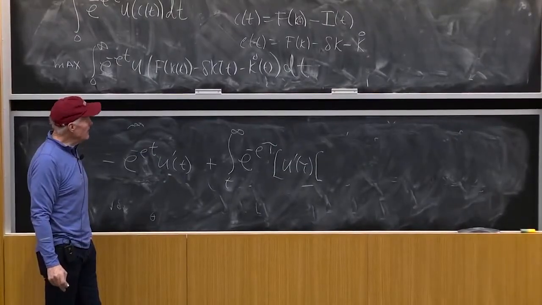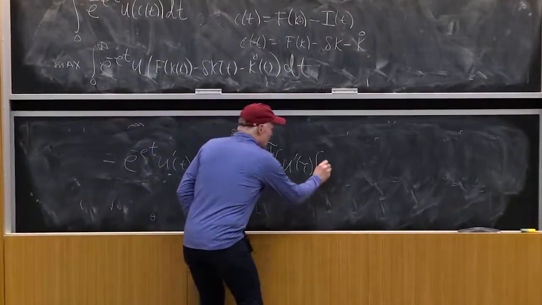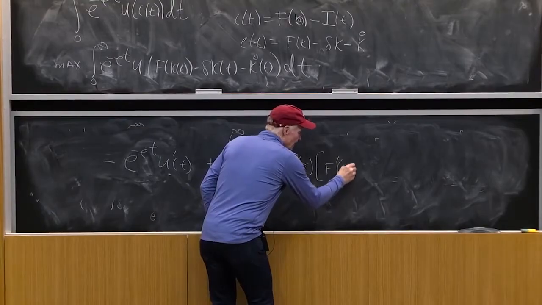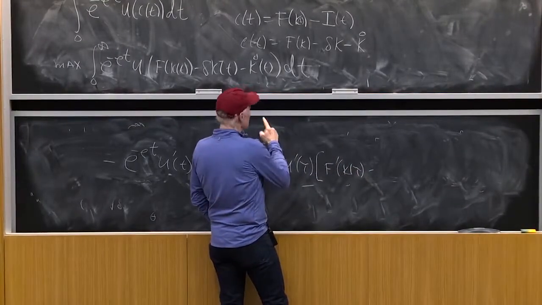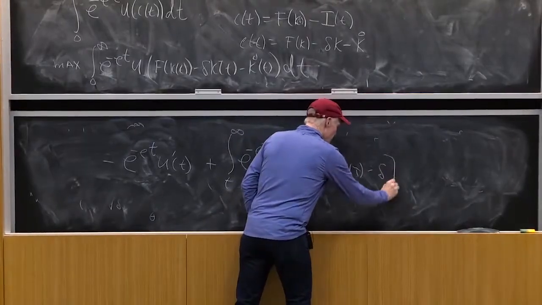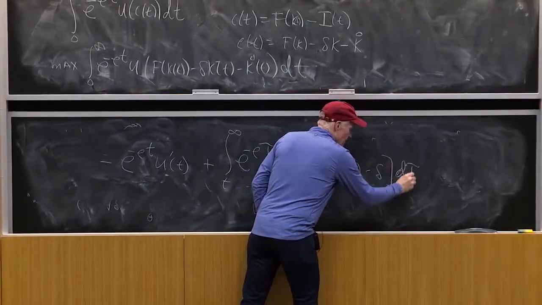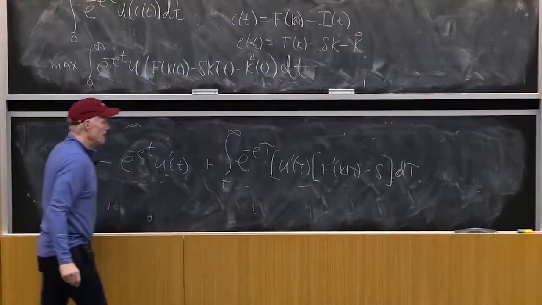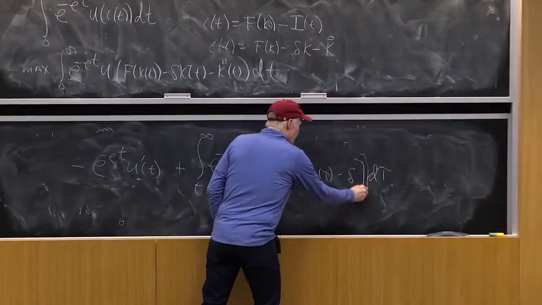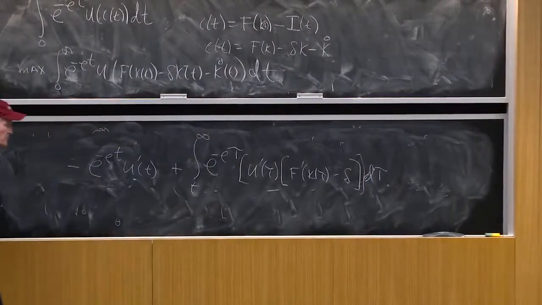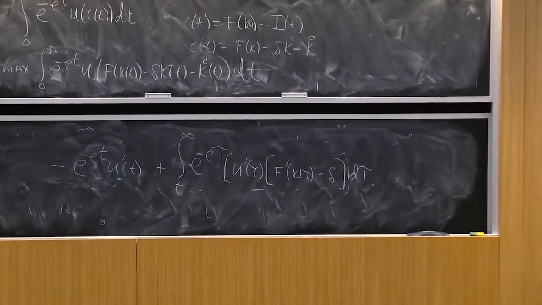So what am I going to get? I'm going to get f prime k of tau minus delta d tau. Right? I guess I need another parentheses. But that's it.